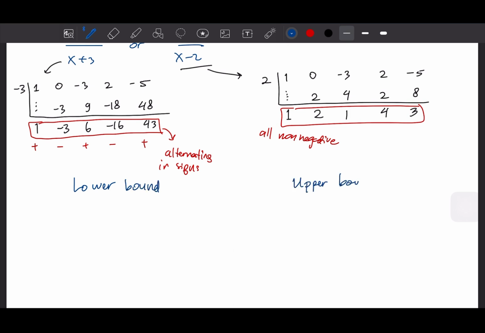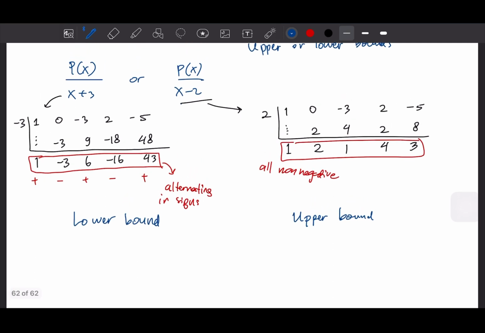Well, basically, for upper and lower bounds we are just checking some numbers to see whether they are upper or lower. You will see the differences in this last row. If you find the last row all non-negative, then it will be an upper bound.